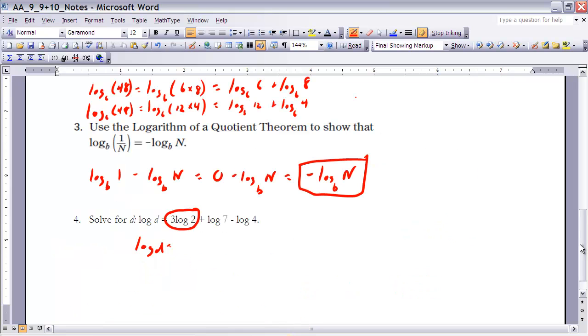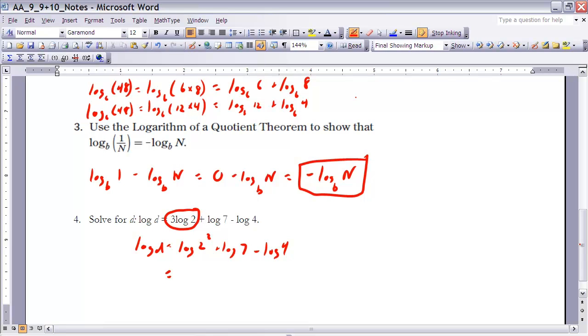So I'm going to write this as the log of 2 to the third power plus the log of 7 minus the log of 4. Next, I have 2 to the third, which is 8.